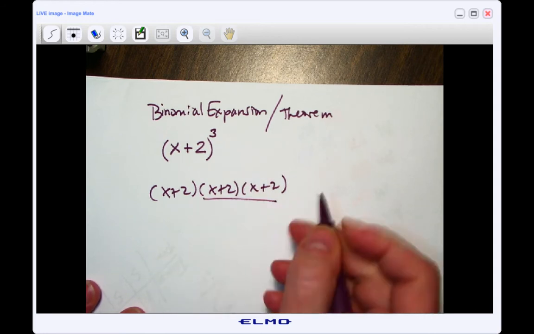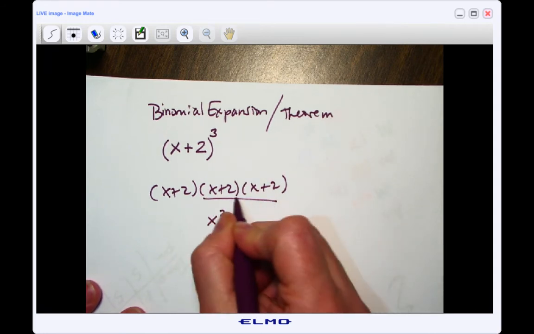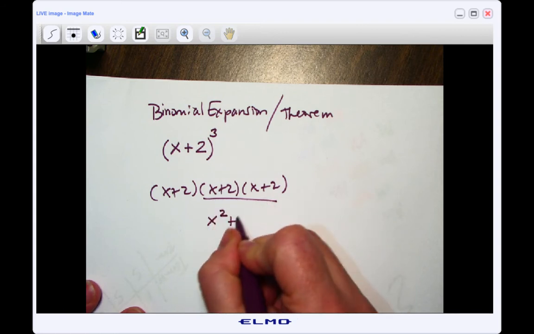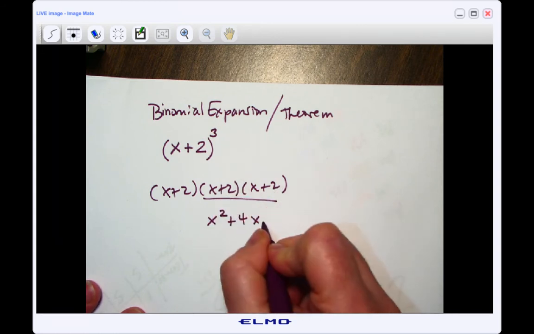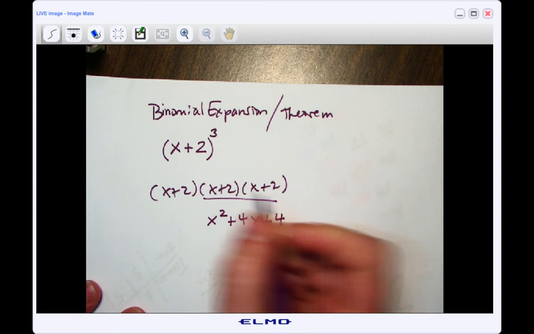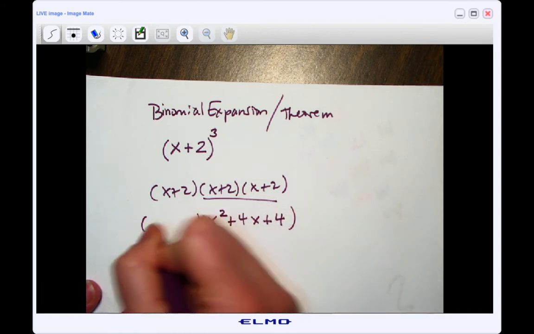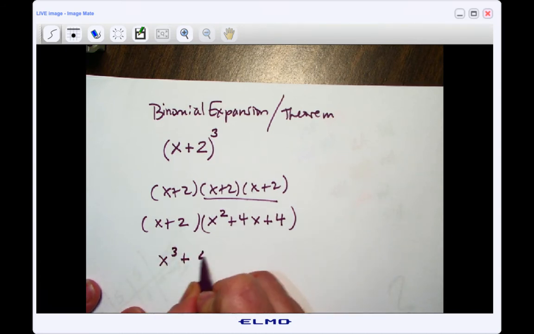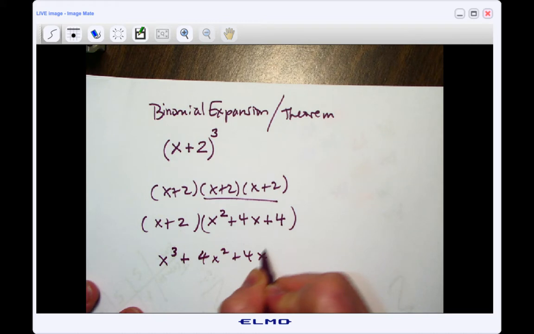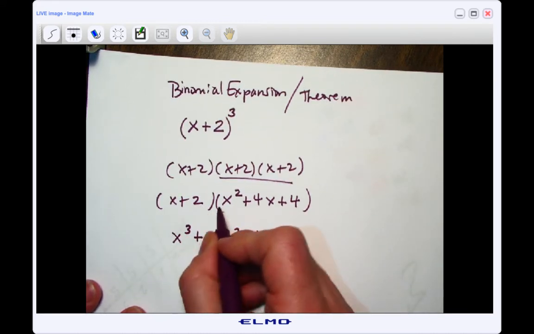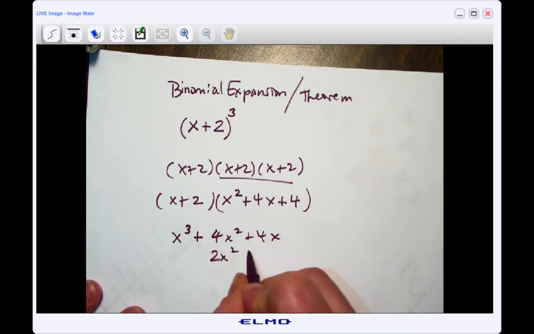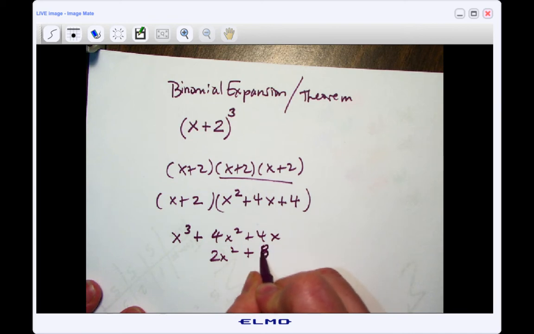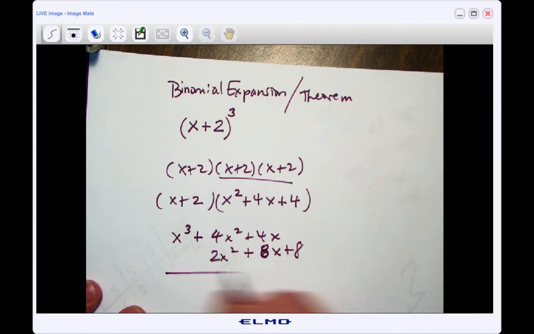I'm going to multiply these two together first, so it'll be x squared plus 2x, plus 2x will have a plus 4x plus 4, and then we're going to multiply that by x plus 2, and so then we get an x to the third plus 4x squared plus 4x, and then I'm going to go back and do 2x squared plus 8x plus 8, and then I'm going to add them up.